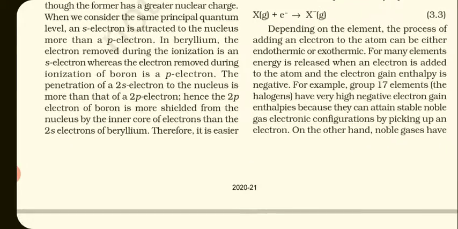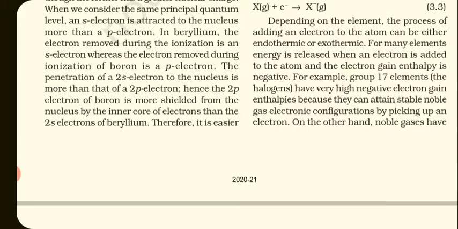Depending on the element, the process of adding an electron to the atom can be either endothermic or exothermic. For many elements, energy is released when an electron is added to the atom, so the electron gain enthalpy is negative.